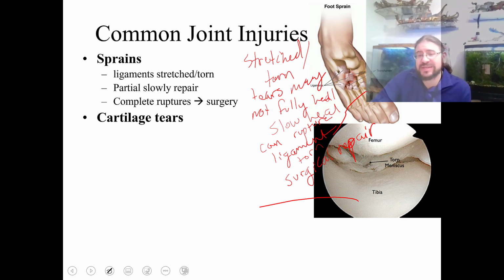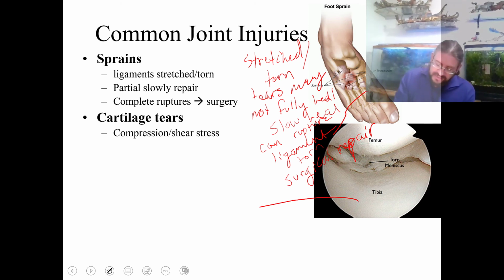Okay, so the next issue is when you have a tear in the cartilage itself. This is often due to compression damage. For instance, if you have a sudden downforce, you can get a cartilage tear.